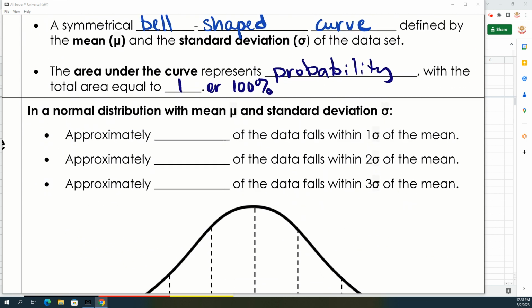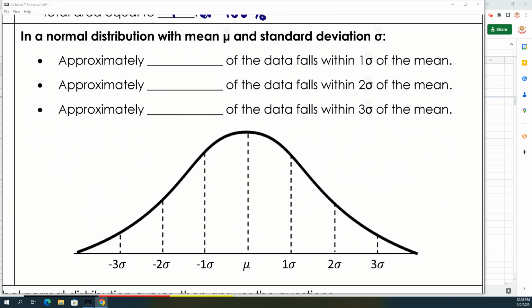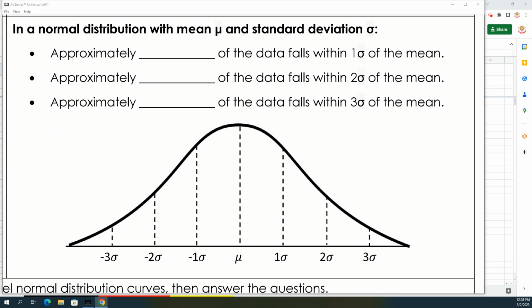Okay. So in a normal distribution with mean mu and standard deviation sigma, whatever the mean is, we're going to put it right in the middle. And approximately 68% of the data fall within one standard deviation of the mean.